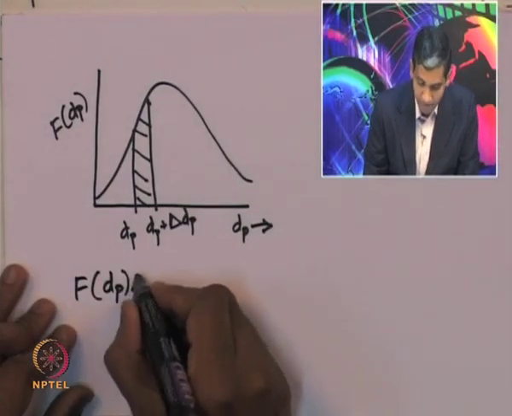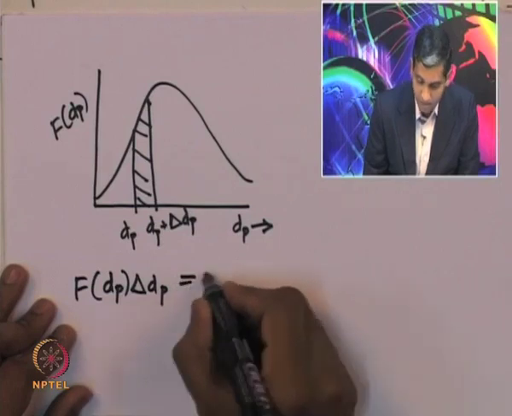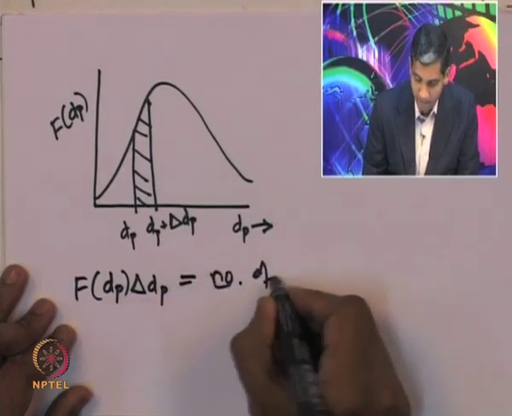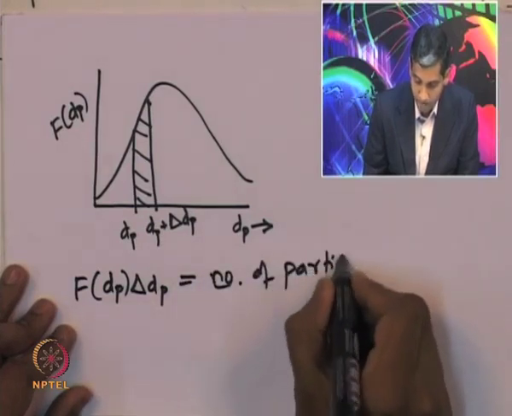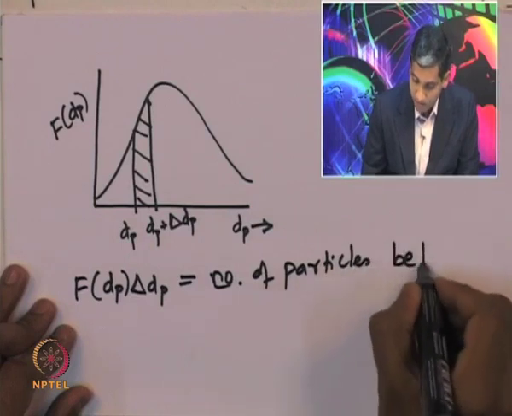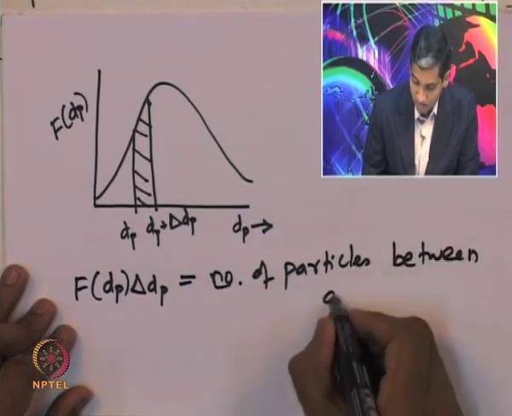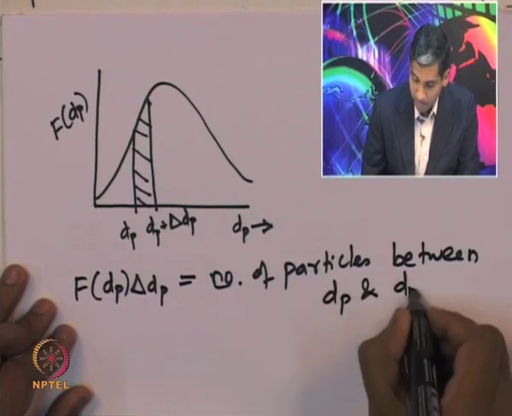f(dp) multiplied by delta dp is basically the number of particles between dp and dp plus delta dp.